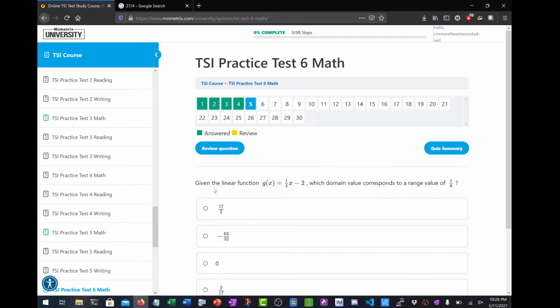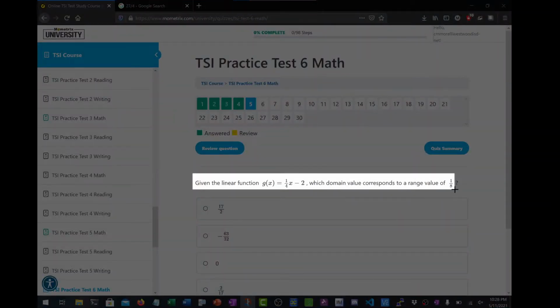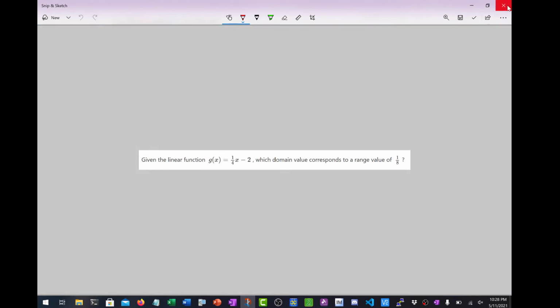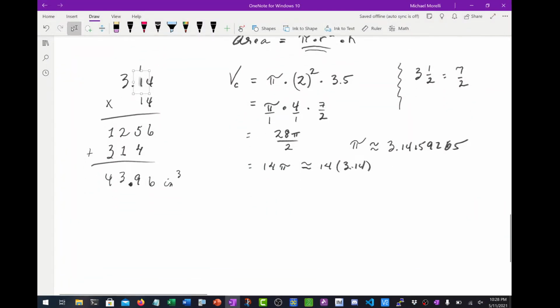Okay, so it's giving us a linear function here on number 5. G of x equals 1/4 x minus 2. What domain value corresponds to a range value of 1/8? Now this kind of language is just super confusing, and so it's understandable why students just collapse and freak out when they see this. It's because they're not used to this language.